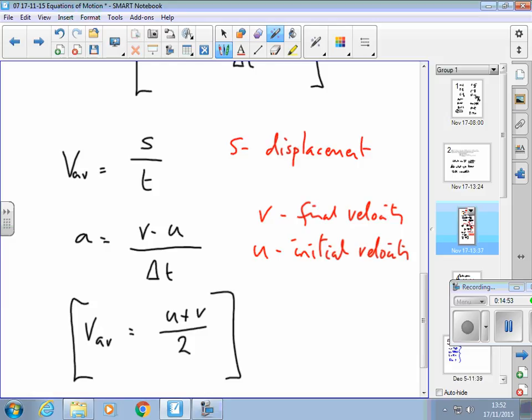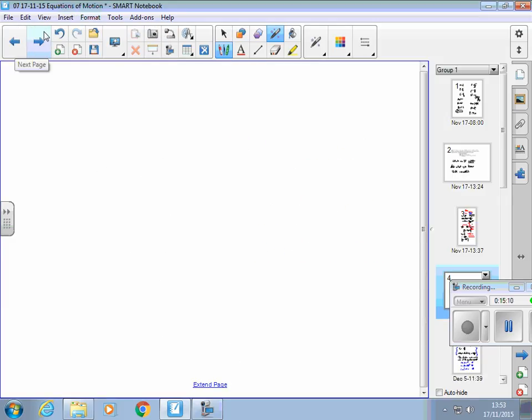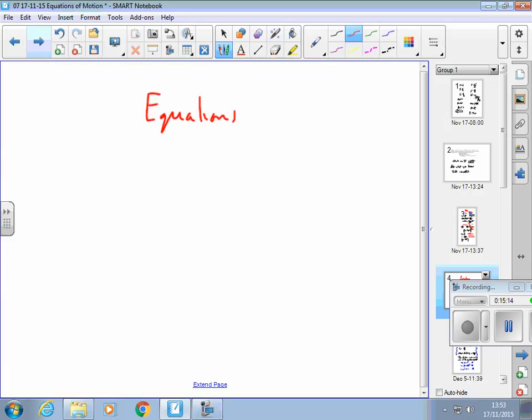A little extension activity for those of you who are feeling like practicing your algebra is to try and arrive at those three formulae from this start point. So let's list these equations of motion. We've got what are called the equations of motion, and you can write these straight onto your formula sheet, because you will be using them. This is for linear motion.